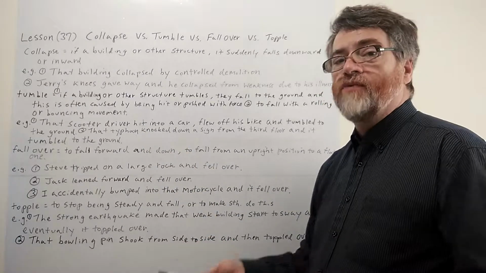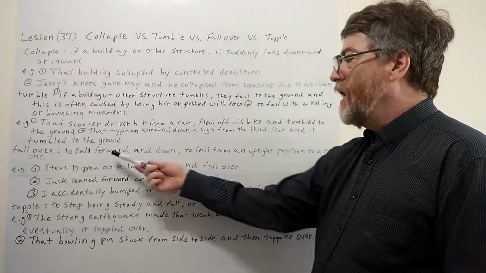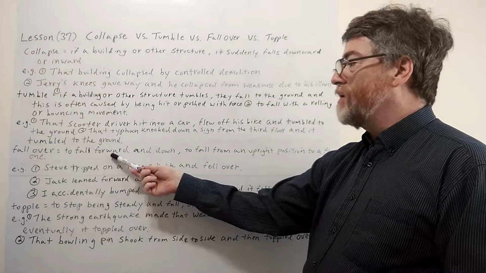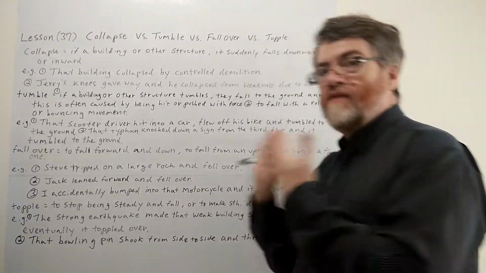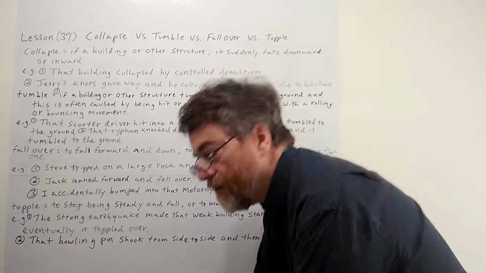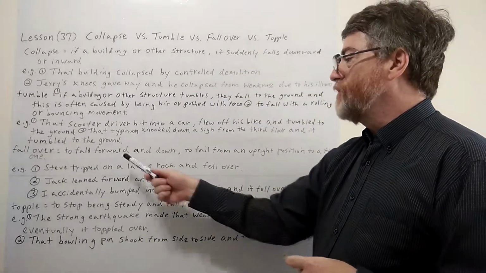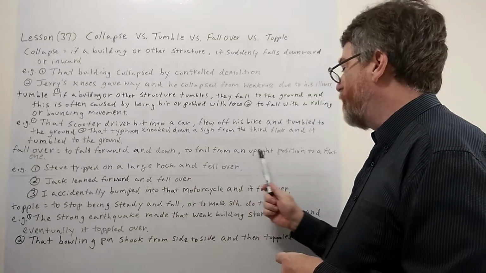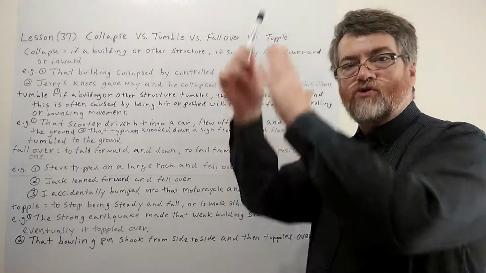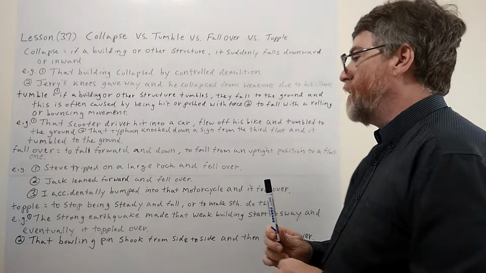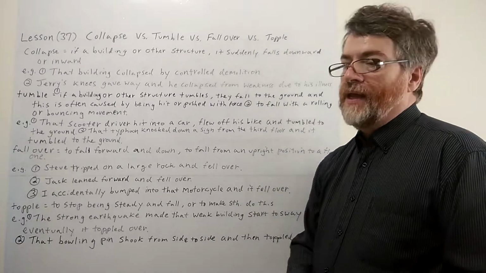Okay. Fall over is probably the most basic: to fall forward. The key word in fall over is forward. You fall straight ahead. So to fall forward and down, or to fall from an upright position to a flat one.